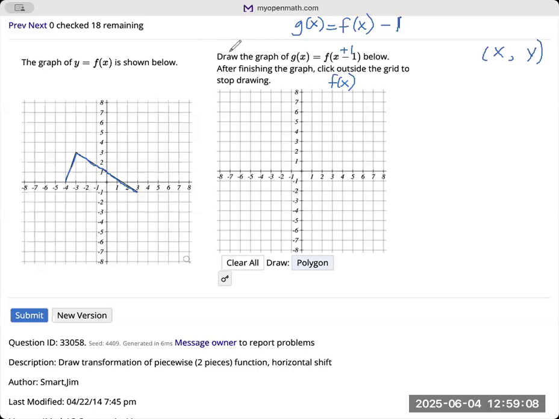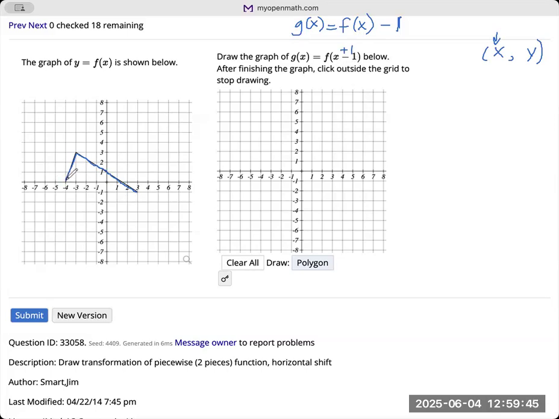So actually, it is a little bit different: the function is pushed in the positive direction. Even though we see a -1 there, the function g of x is actually moved in the positive 1 direction, and we're moving the x coordinates 1, like I said, because this subtraction is going on inside the argument.